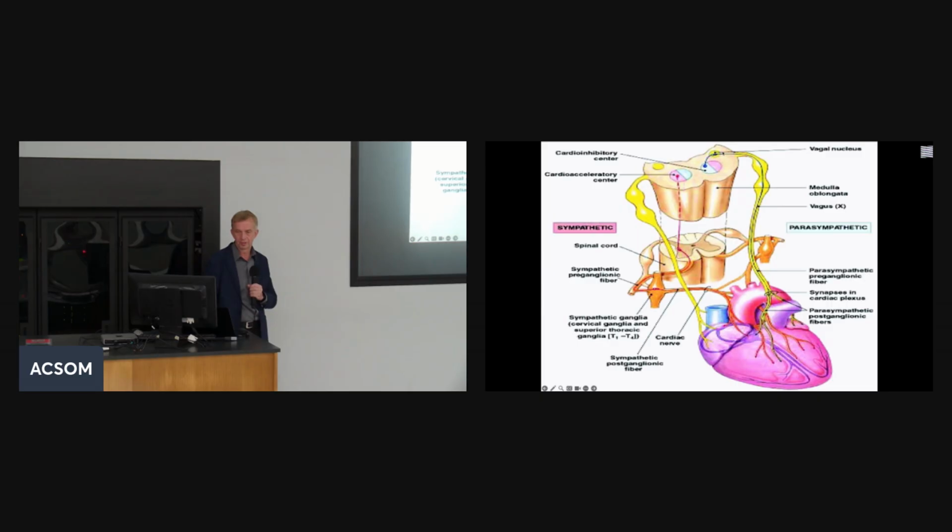This is the nucleus of the vagal nerve, and this is the parasympathetic system, with parasympathetic nerve fibers going to the heart. And here are the sympathetic preganglionic fibers originating in the spinal column at the level of T1 to T4, and sympathetic ganglia that again carry the sympathetic fibers to the heart.